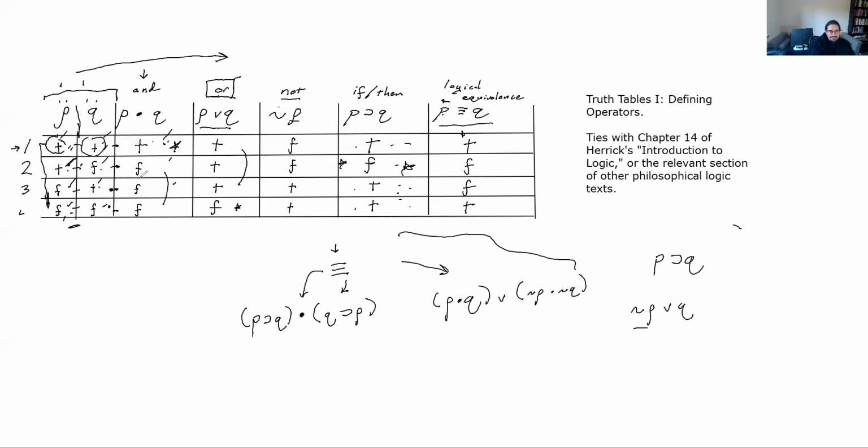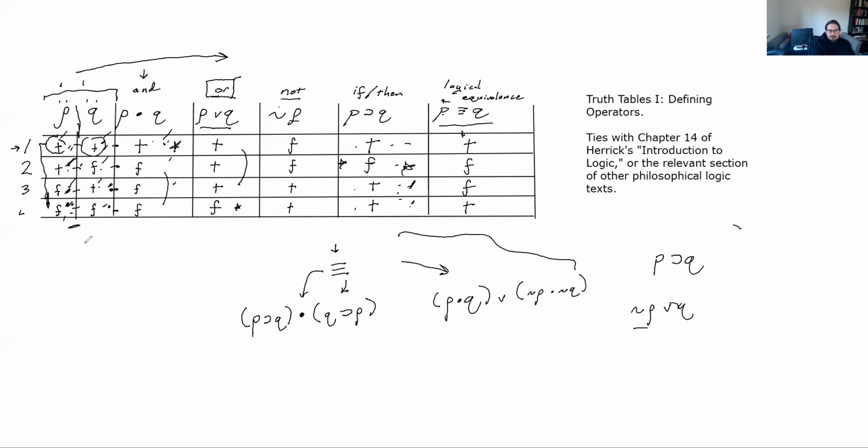And when we check that, in all cases where P is false, rows 3 and 4, we get a true or statement. In all cases where Q is true, which is rows 1 and 3, we get a true statement.